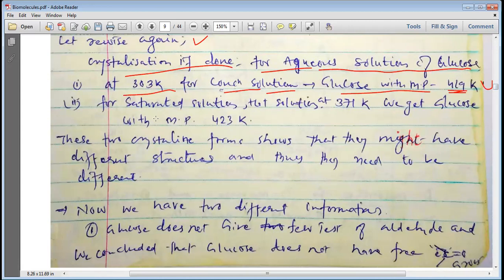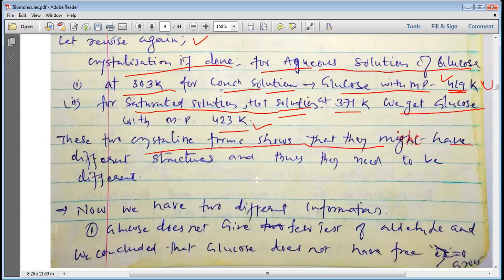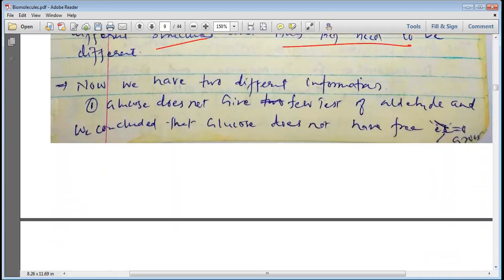Same way, when the crystallization of glucose is done from the hot saturated solution at 371 Kelvin, we get a glucose which has the melting point 423 Kelvin. So we got two different types of glucose which have different melting points. These two crystalline forms show that they might have different structures. So glucose exists in two different structures which have two different melting points, and they need to be different in their structures. So now we have two different pieces of information.